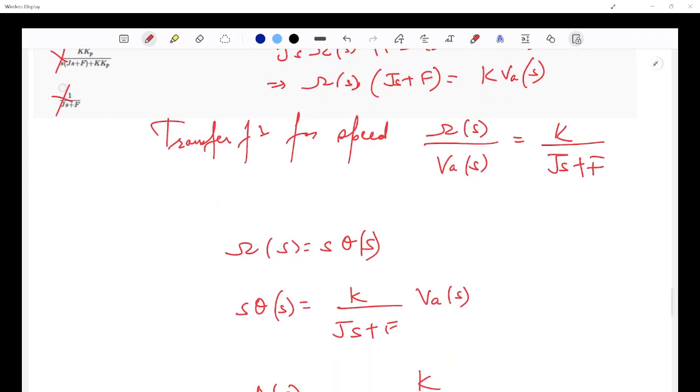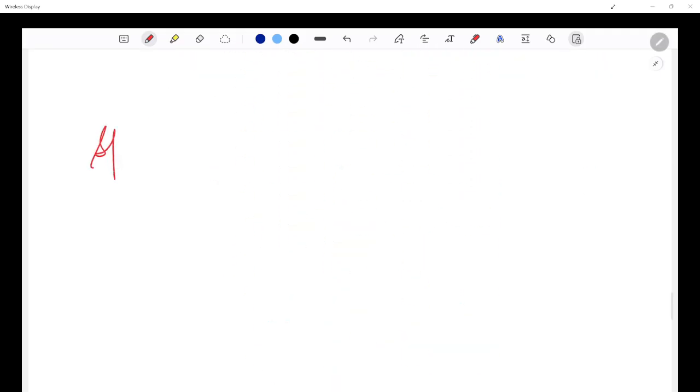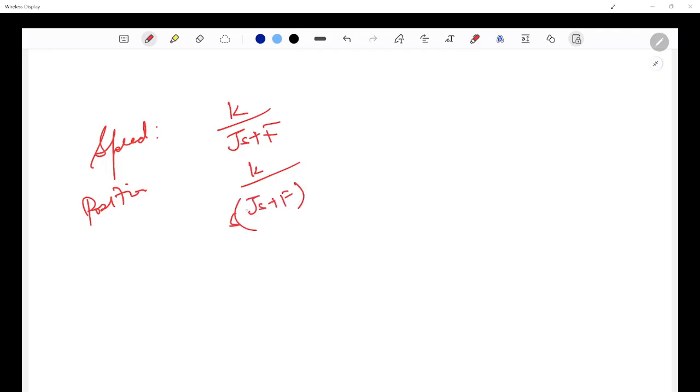Let me write it down again: for speed we had k upon Js plus f as the transfer function, and for position we have k upon s into (Js plus f). I hope this is clear.